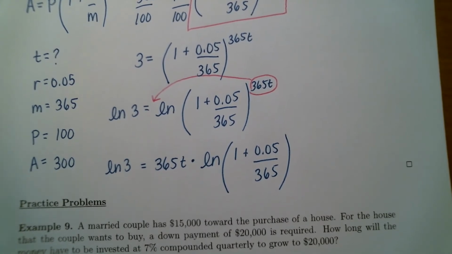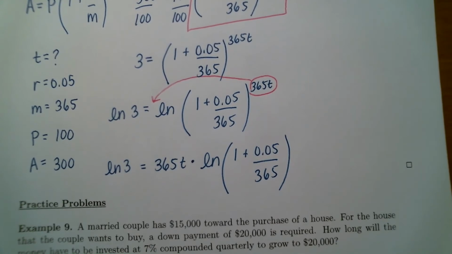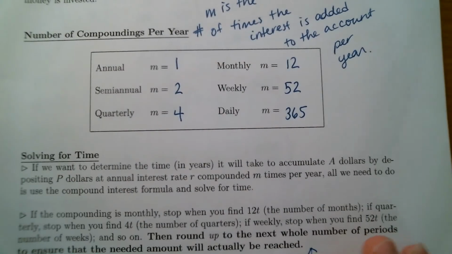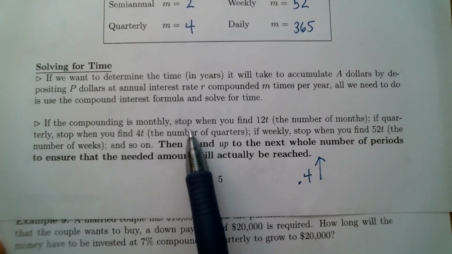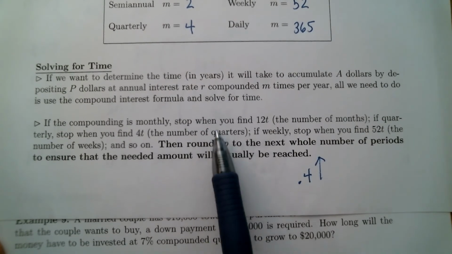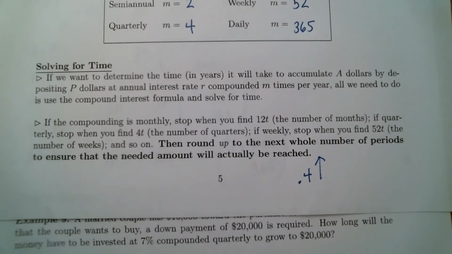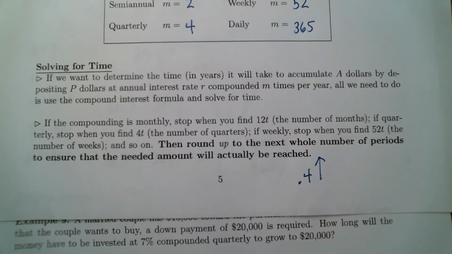Now if you think back to what I told you on page 5, let me pull it up really quick. We talked about this and I said it may not make a lot of sense at this point, but when you actually do the first example, it'll make more sense. At the bottom of page 5, we discussed this statement. When you are solving for time, you don't actually solve for time, you solve for m times t.